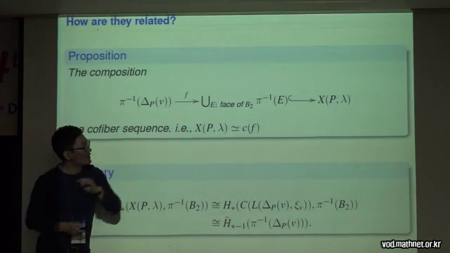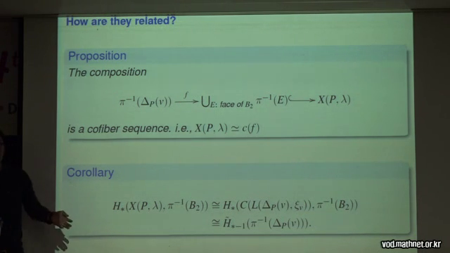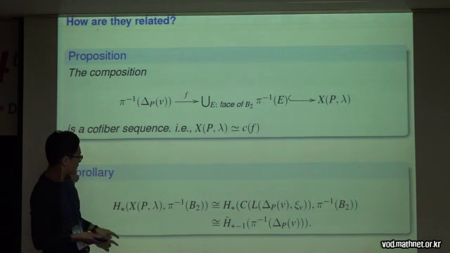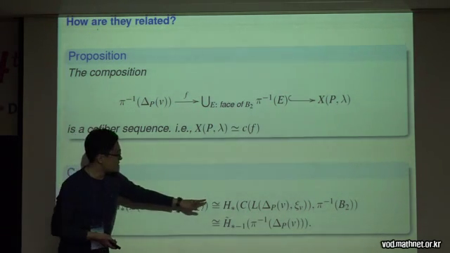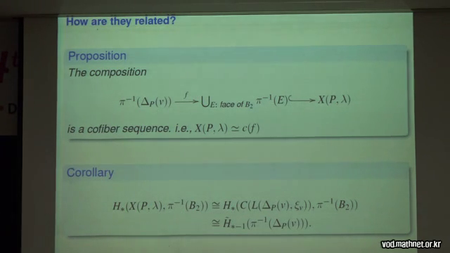And finally, this X(P, lambda) is the mapping cone of this map. So if you do excision, some basic algebraic topology technique, then this relative homology group can be identified with the homology of the orbifold Lens space.